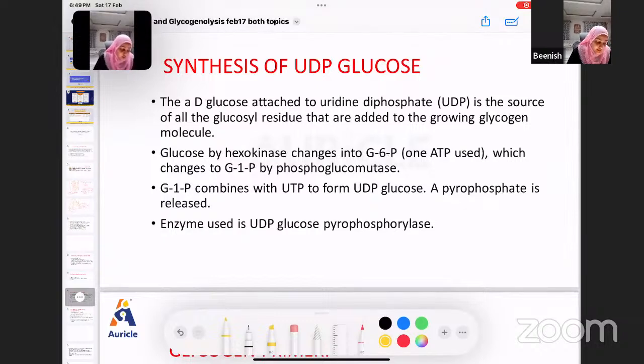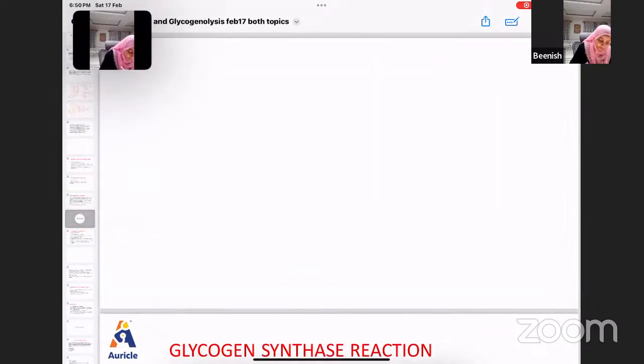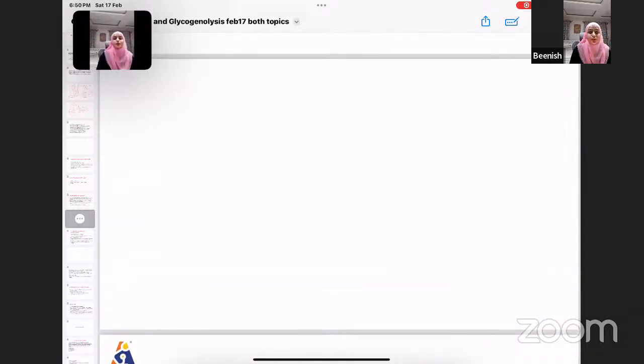Now, alpha D glucose attached to uridine diphosphate, UDP, is the source of all the glycosyl residues that are added to the growing glycogen molecule. Okay, I'll explain what this says. Now, what is UDP glucose?